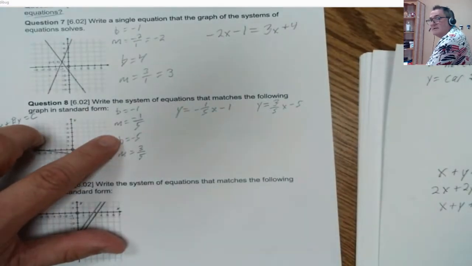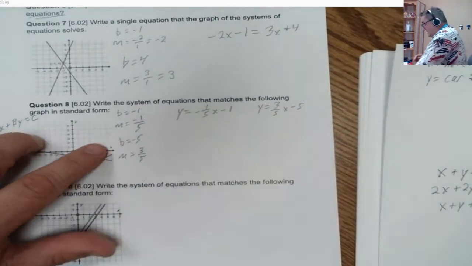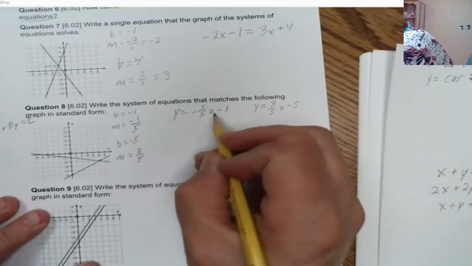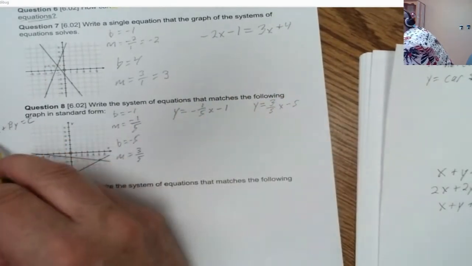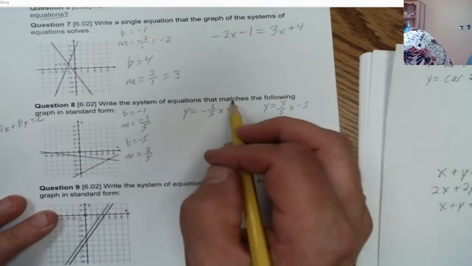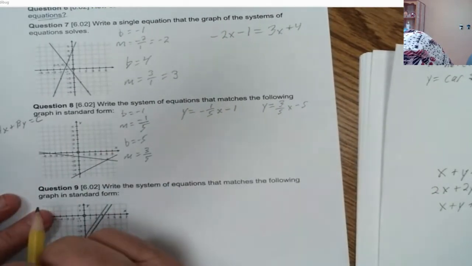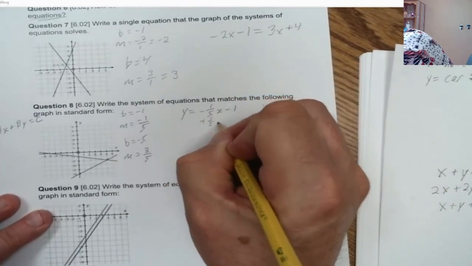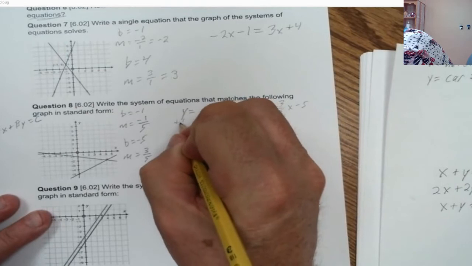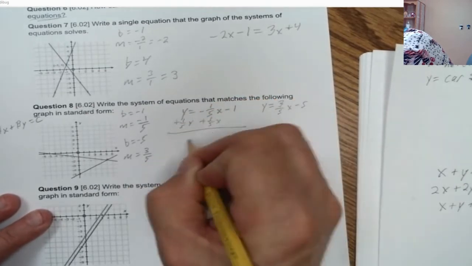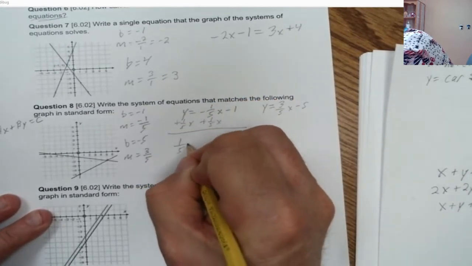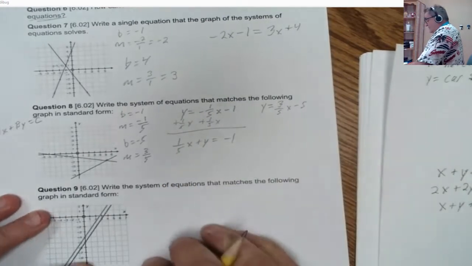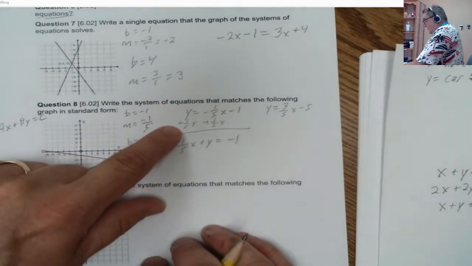So there's our two equations, but we need them in standard form. They want the system equation in standard form, which means ax plus by. The x and the y have to be on the same side. So let's add 1/5 x to both sides, and so this would be 1/5 x plus y equals -1. 1/5 x plus y, that's on this side of the equation.